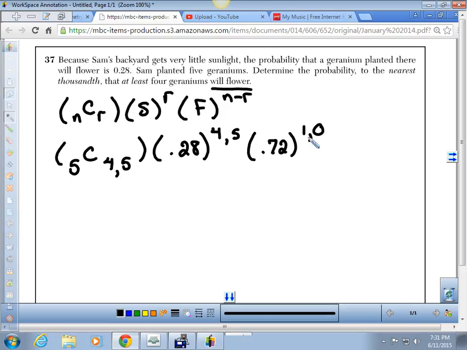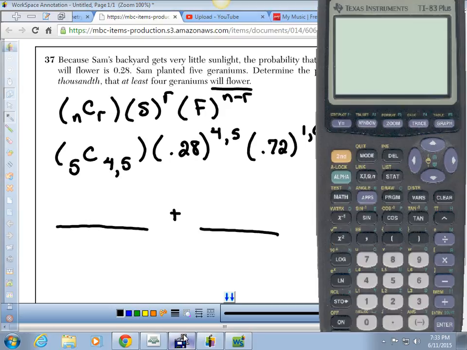Okay. So now we need to find the 2 individual probabilities, and what are we going to do with them? We're going to add them together, but the probabilities are going to be found in the calculator. So exactly as we have it written, starting with a parentheses, five into math, PRB for our probability. We want option number 3 for combination, so 5 combination 4.